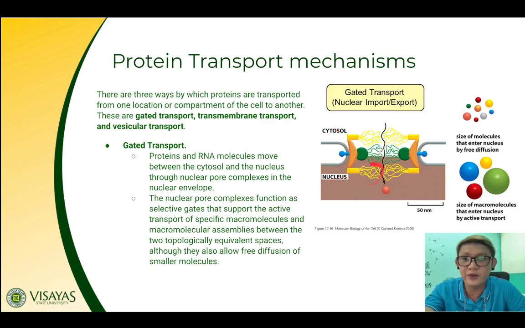Nuclear pore complexes function as selective gates that support the active transport of specific macromolecules and molecular assemblies between the two topologically equivalent spaces. They also allow free diffusion of some molecules, depending on size: the smaller the molecule, the easier it diffuses through the nuclear pore complex, and the bigger it is, the more difficult it is.